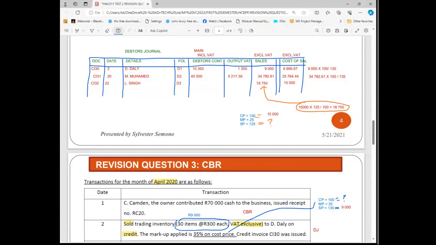So it's going to be 15 over 100. So the amount is 2,812.50.